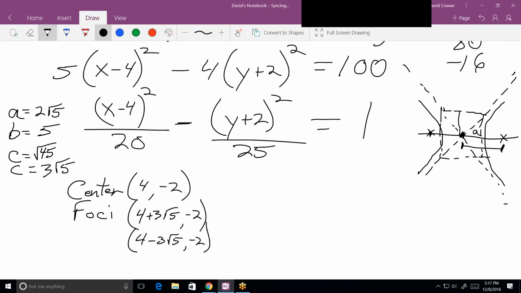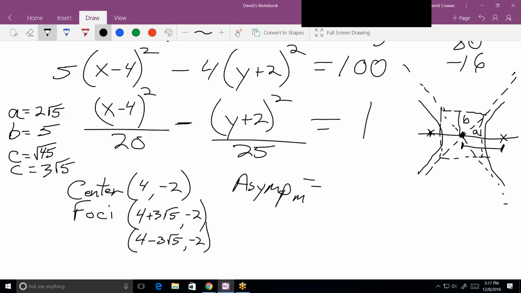One distance is B, and the other distance is A. Slope is rise over run, so what's the asymptote's slope?